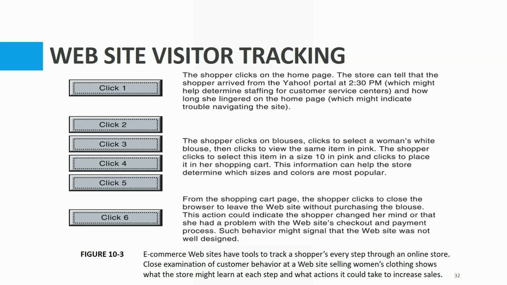Then the shopper clicks on specific goods on the website, which is the second click, maybe a woman's white blouse, and then clicks to view the same item in pink, for example.